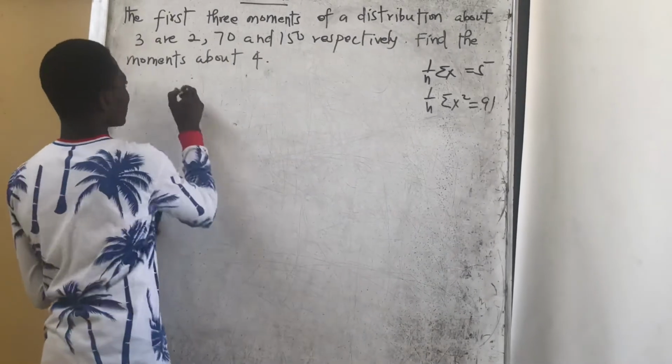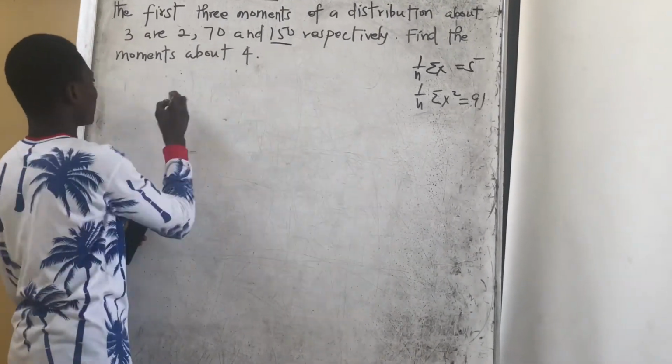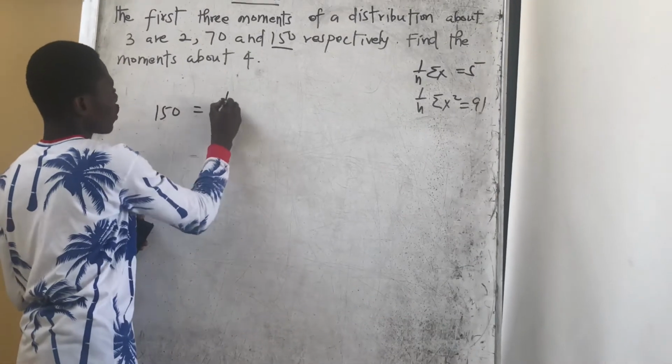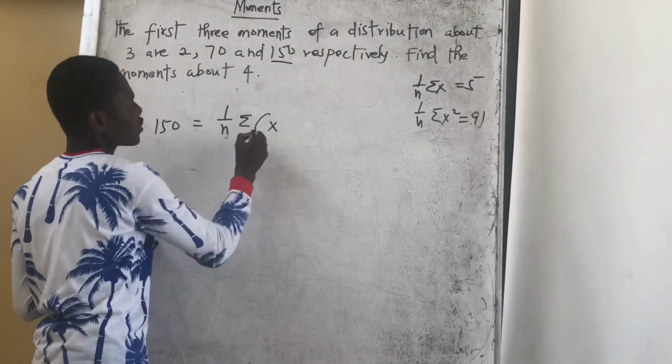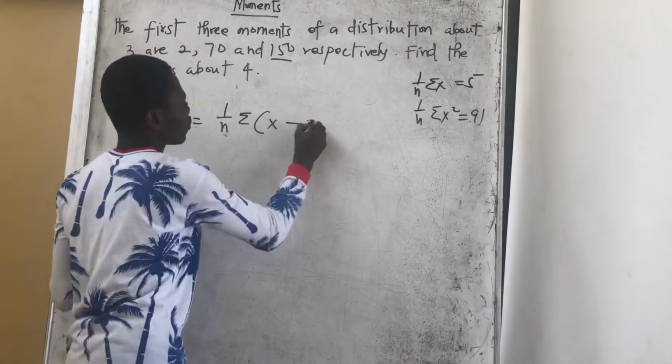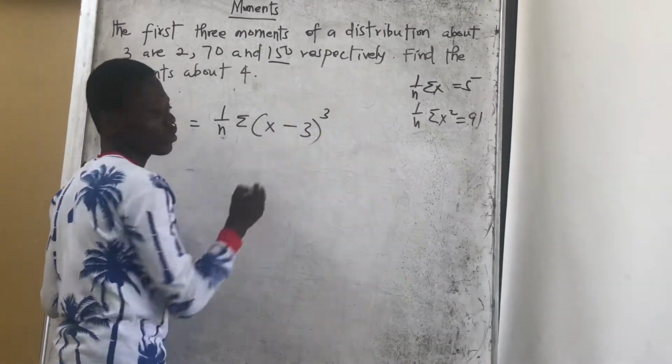Similarly, the third moment about 3 is 150. So 150 is equal to 1 over n sigma (x minus 3), with a as 3 as usual, to the power 3 this time, because the rank is the third one.